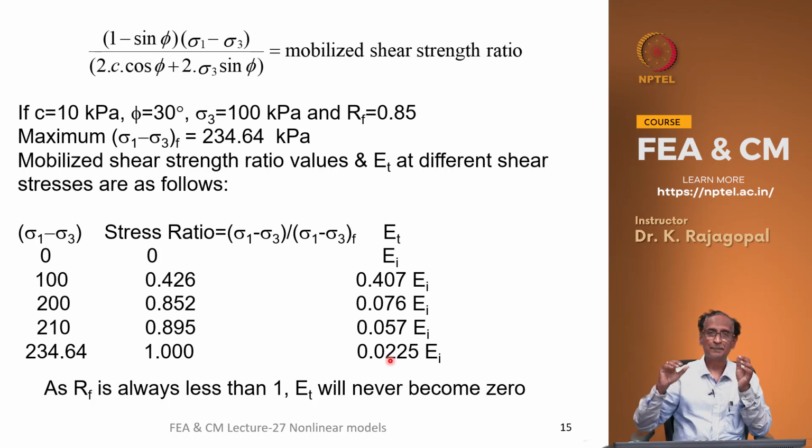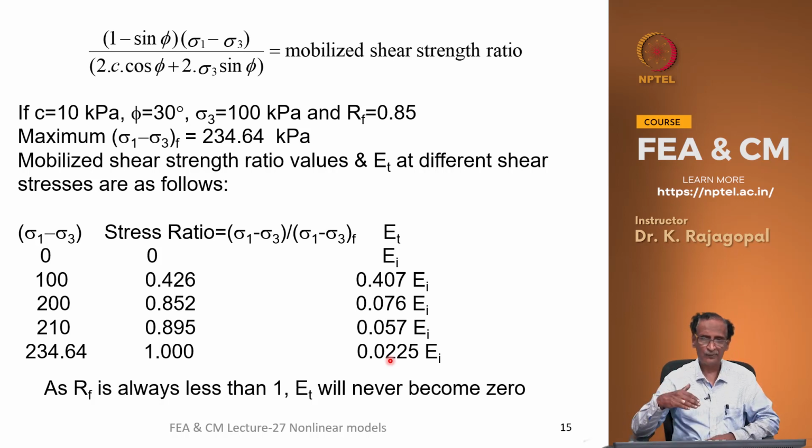After the limit state, the Young's modulus reduces so much that a further increase of strains may not result in a further increase of shear stresses. Okay. So, this is one way of modeling the failure through the hyperbolic model, and as Rf is always less than 1, we will never get a tangent Young's modulus of 0.